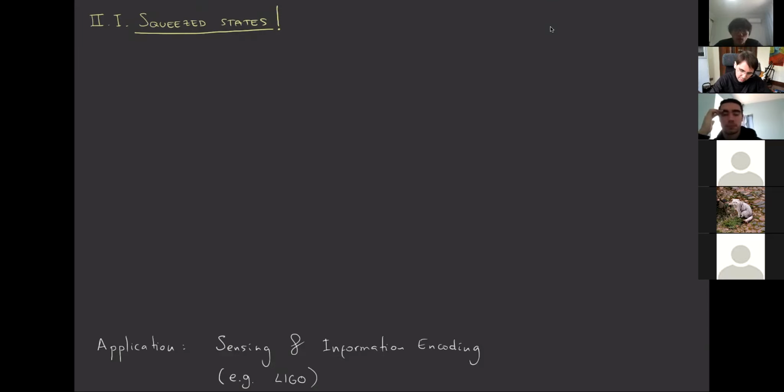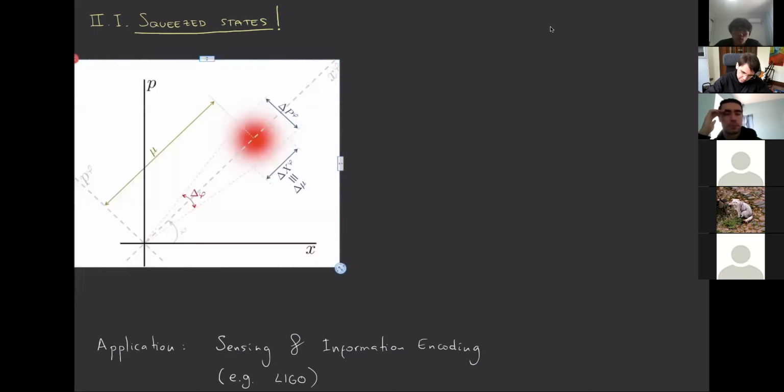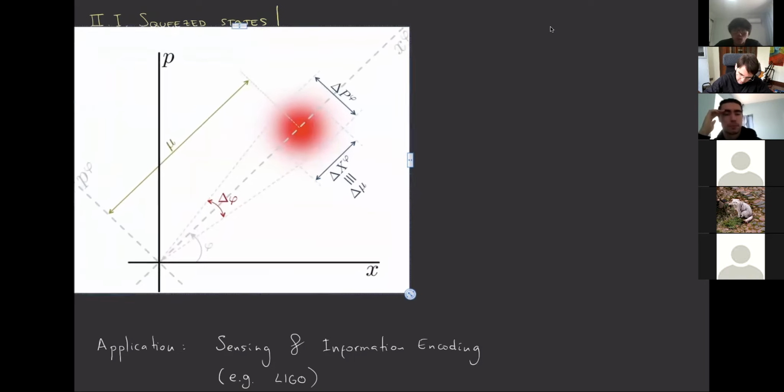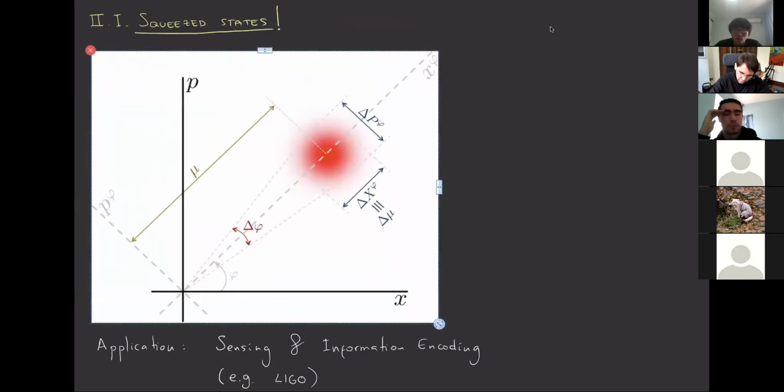So let me bring back for 1 second this picture where we have the amplitude and phase of the oscillator. What I mean is exactly the following. As we just discussed, we have here the coherent state. We have the harmonic oscillator essentially centered in this region of phase space.